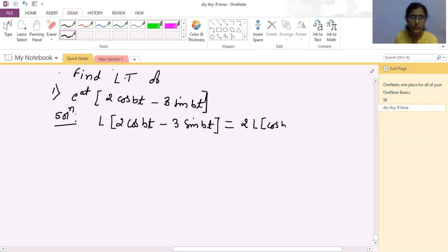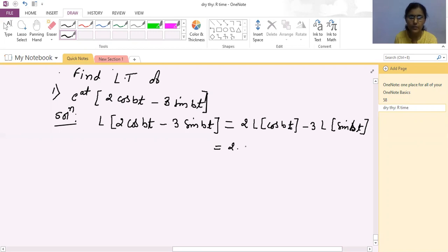So 2 times L of cos bt, and in the second term, minus 3 is a constant, we'll write Laplace of sin bt.